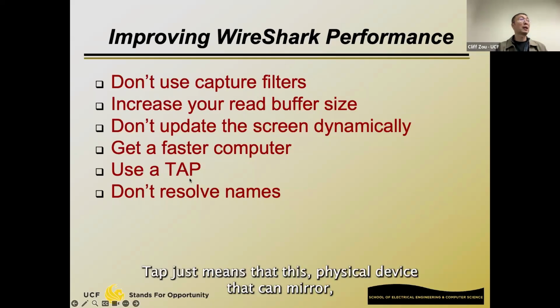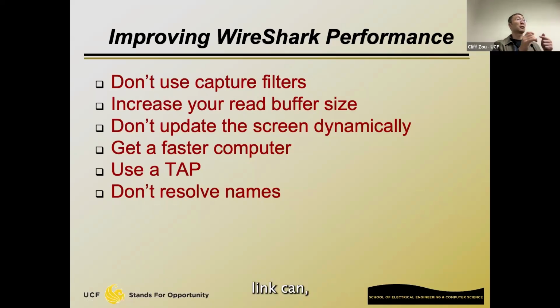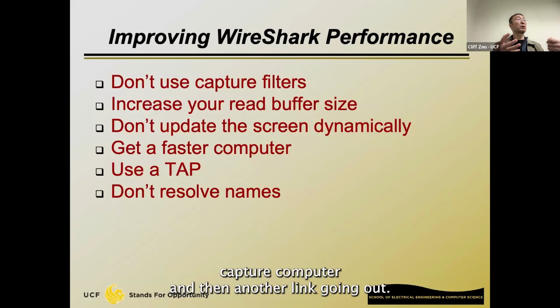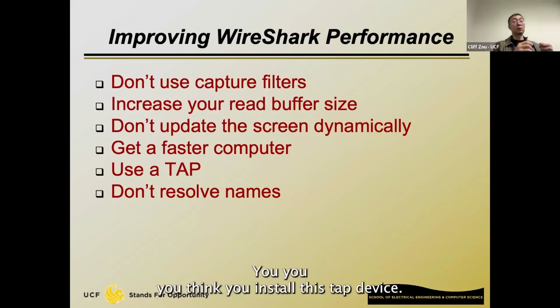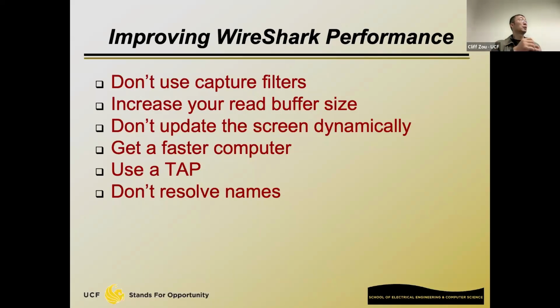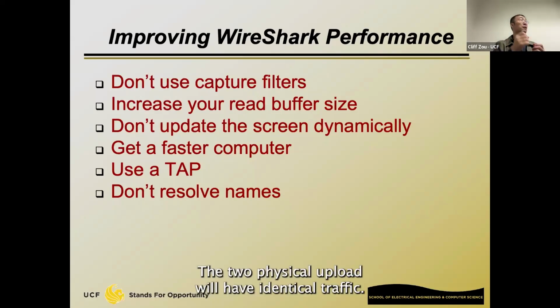Use a tap. A tap is a physical device that can mirror a link, like an Ethernet link. Instead of putting the Ethernet link through your Wireshark capture computer and then another link going out, you install this tap device. For one input, the tap has two physical outputs, and the two outputs carry identical traffic.